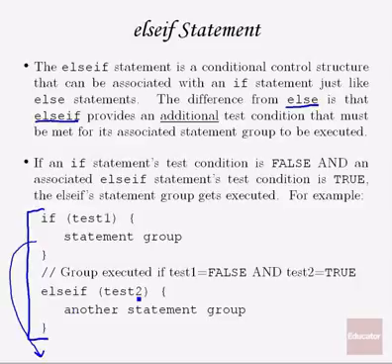Basically this provides another test that we evaluate, and this section associated with the else if statement only gets executed if test 2 is equal to true. So it allows us to add another test condition to decide which section of code to evaluate. Again, this section is only going to get evaluated if test 1 from the if statement was false and then test 2 was equal to true.